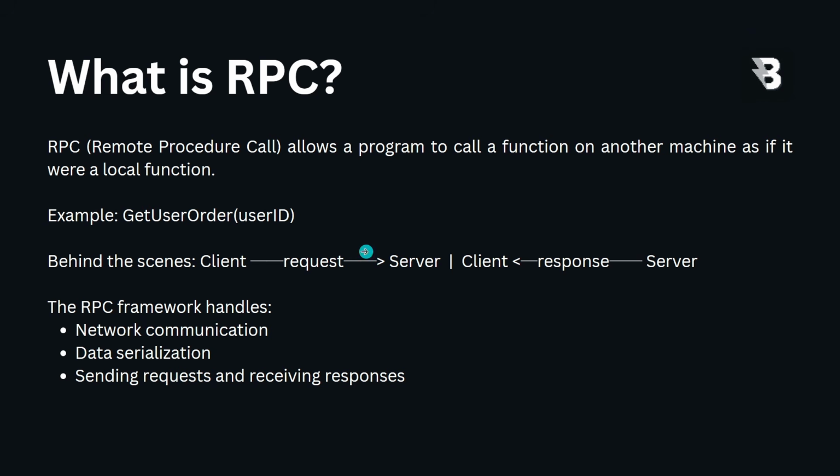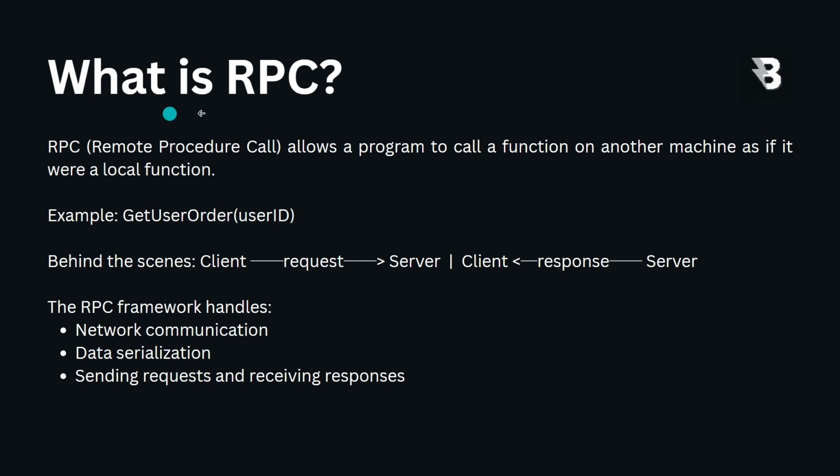Behind the scenes, it's like I call this get user order service, the service that we created back when understanding Protobuf. And what happens is when I call that function, the client sends a request to the server, and then the server responds back to the client. That is what happens, just like a REST API call.